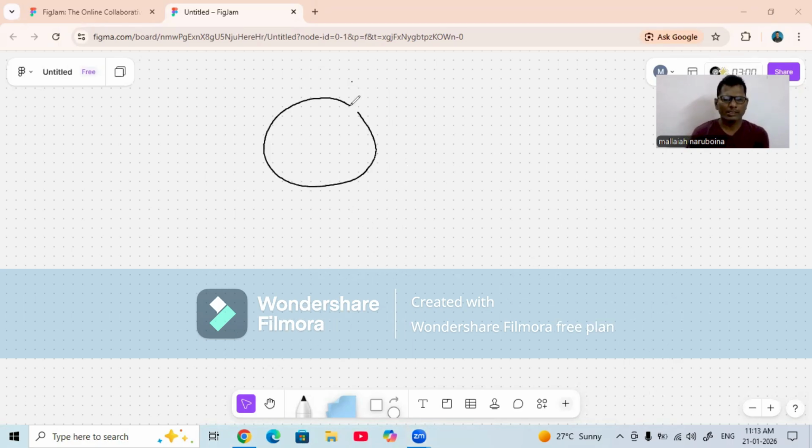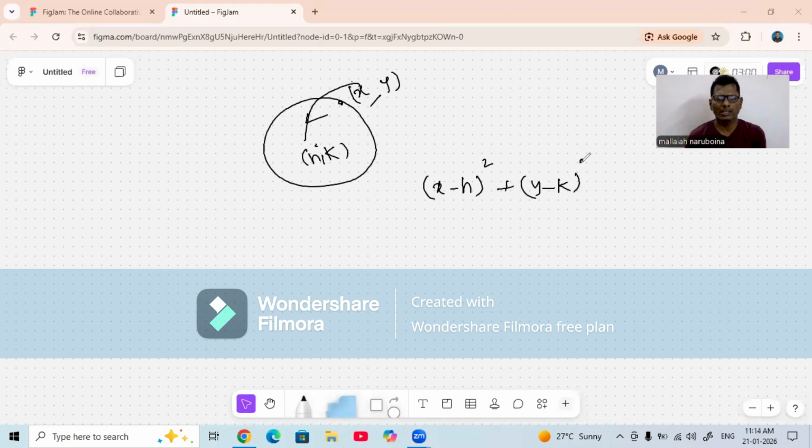When center is not origin, that means h, k, and we take one point on the circumference, that is x, y, using distance formula, we can write equation of circle. So we write x minus h whole square plus y minus k whole square is equal to r square. This equation is called standard form of equation.